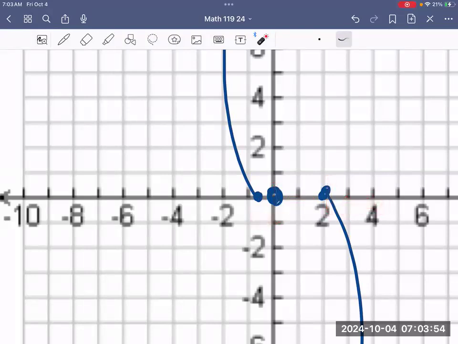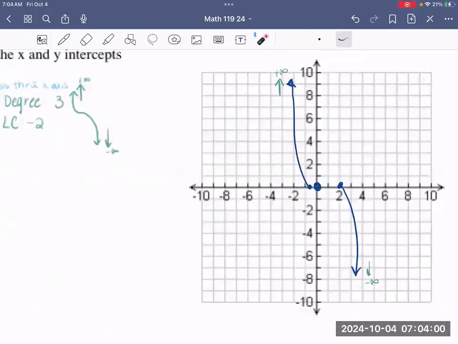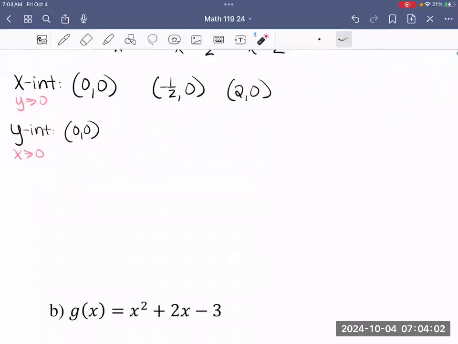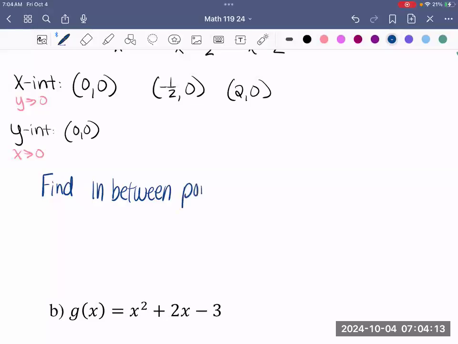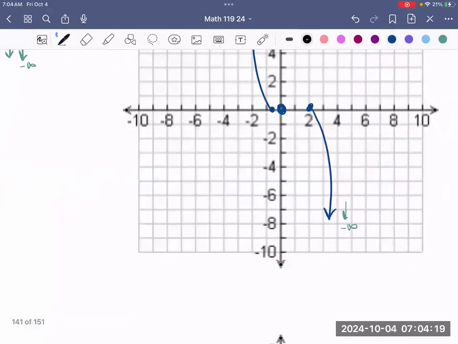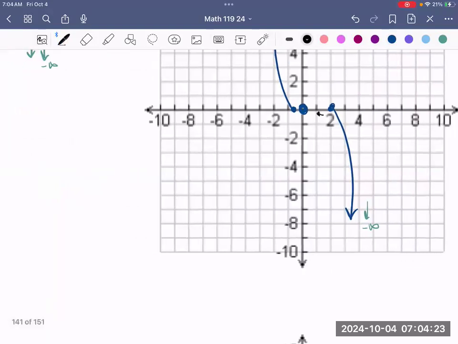And this goes for any solution where you have some in-between space, some gaps. So to find the gap, find the in-between point. What is a nice number between 0 and 2? That's going to be the point 1.